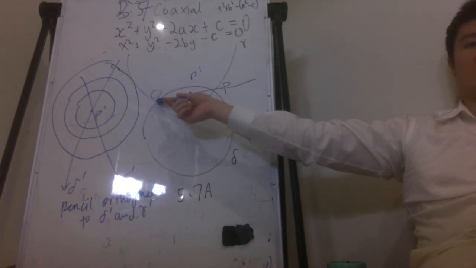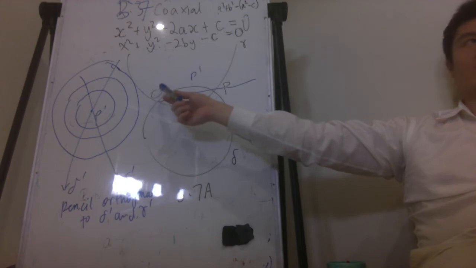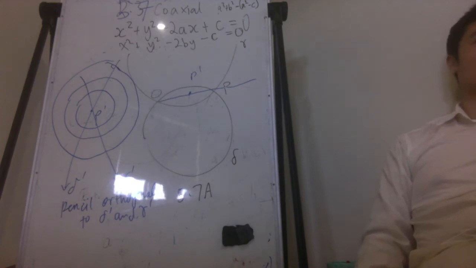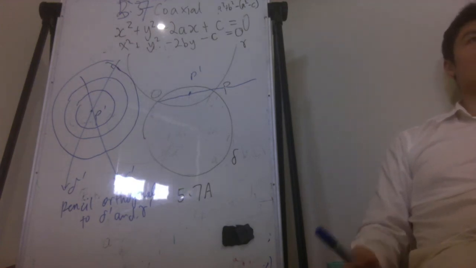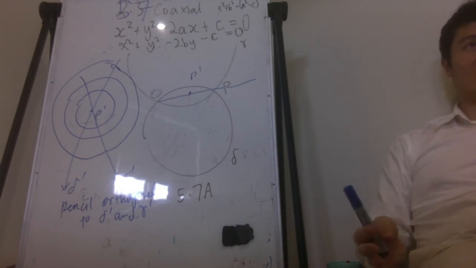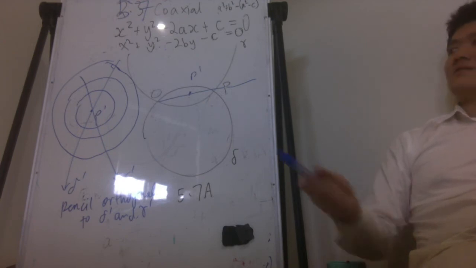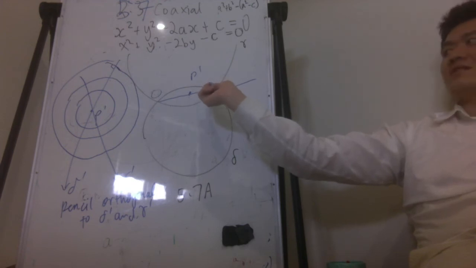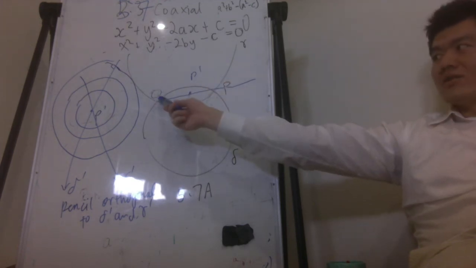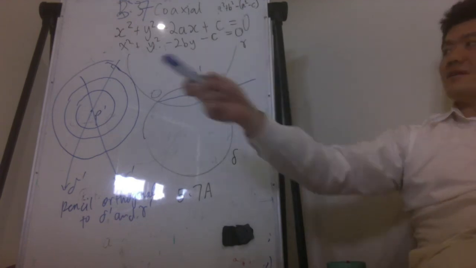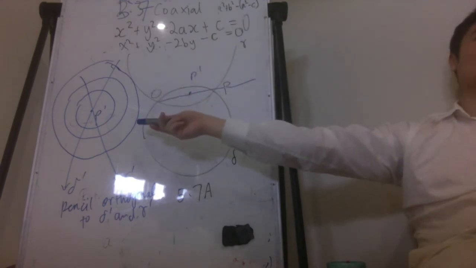And then we inverted about it. So figuring out what the pencil of gamma delta means: pencil means all the circles coaxial with gamma delta, so they all intersect O and P. They all pass through O, which means they become straight lines, and they all pass through P, which means they're diameters.